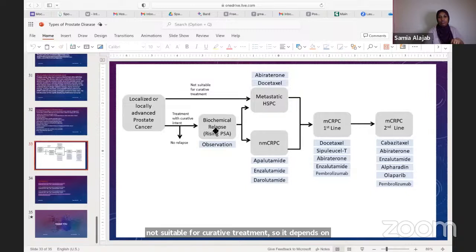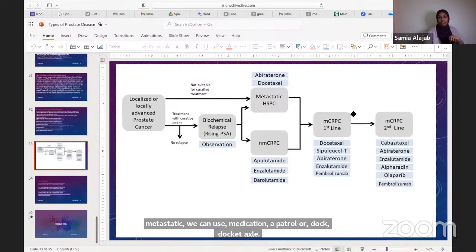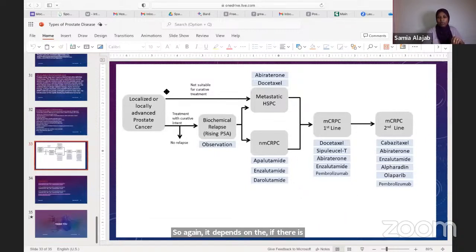So if there is biochemical relapse, rising prostate-specific antigen, we go for observation. Patient with metastatic, we can use medication, Apritron or docetaxel. So again, it depends on if there is a metastasis, or if we are intending to cure, or it's just not curable disease.